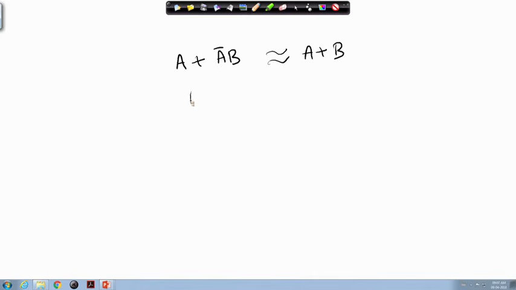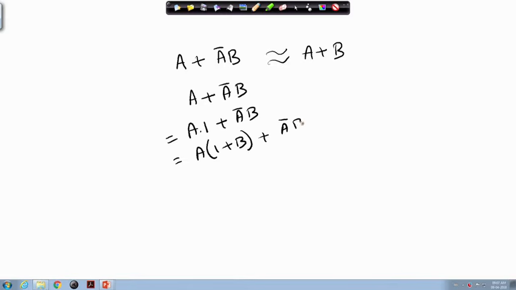We do the simplification like this: a plus a bar b can be written as a dot 1 plus a bar b, where this 1 can be written as 1 plus b. So a into 1 plus b, plus a bar b.